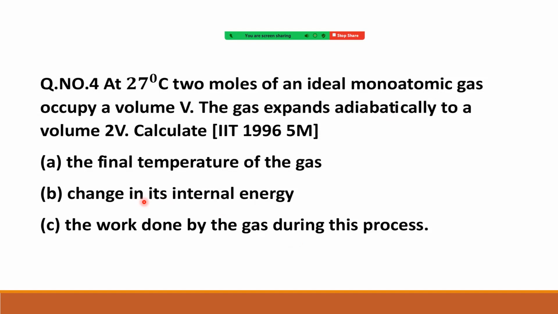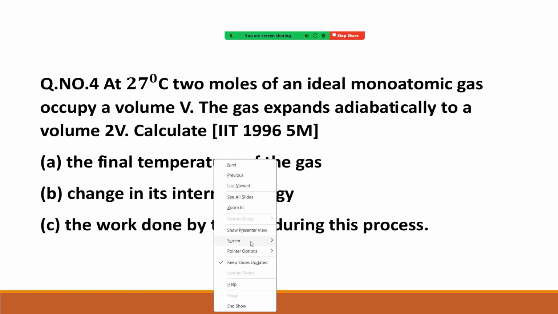Therefore, change in internal energy will be negative. Change negative means final temperature must be less than initial temperature, because we know that internal energy depends on temperature, right? So volume increased, internal energy is decreased, right? That means temperature must be less than the initial value. Let us now calculate.